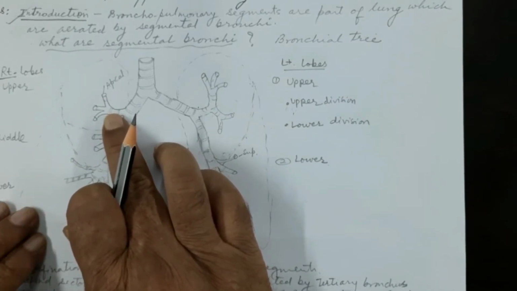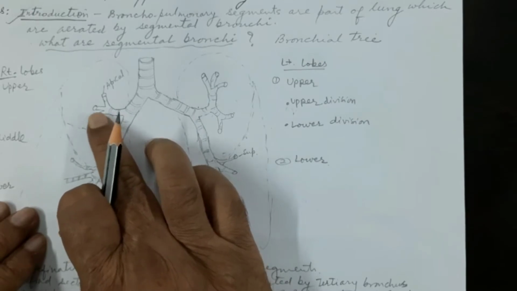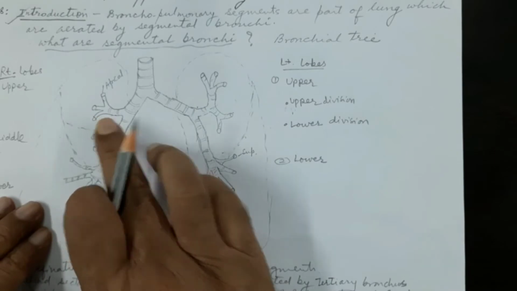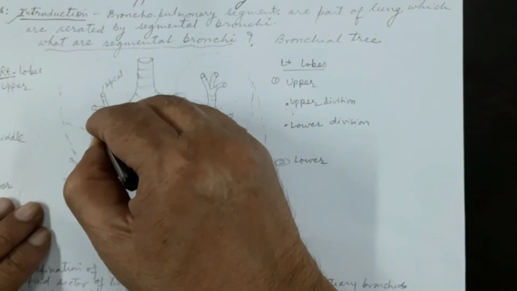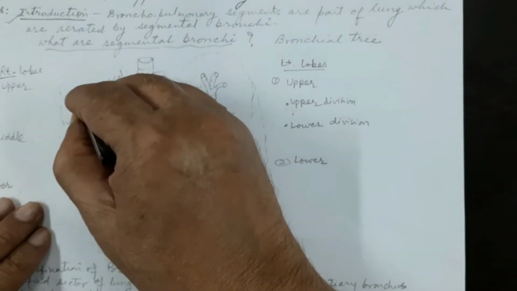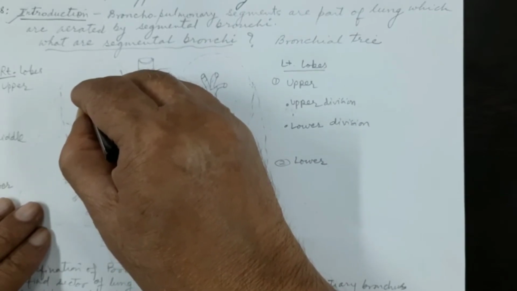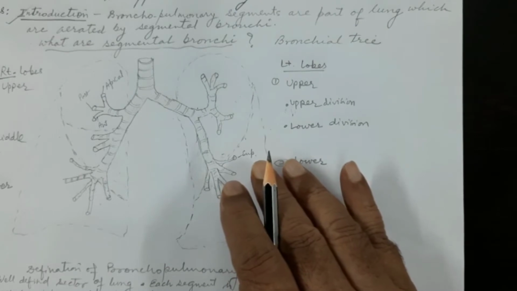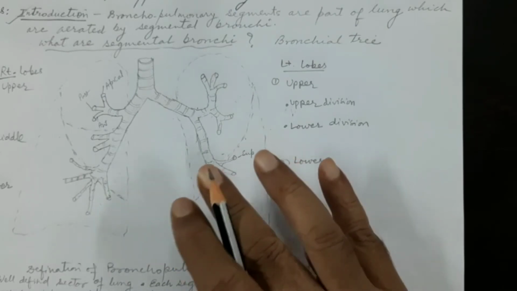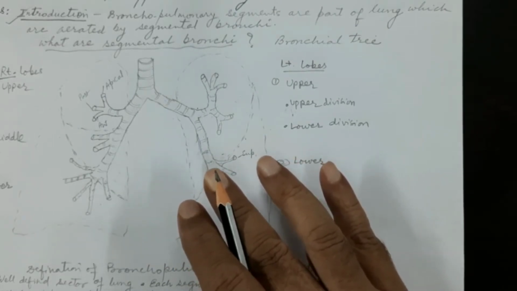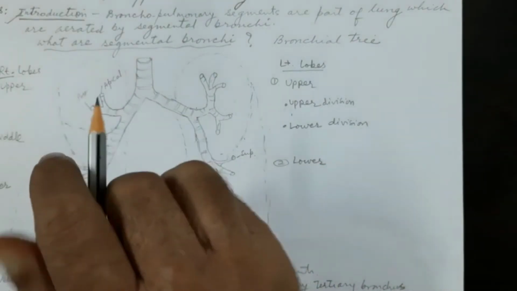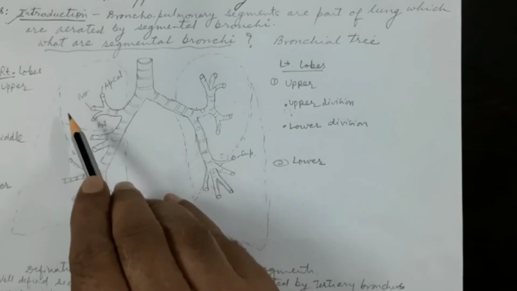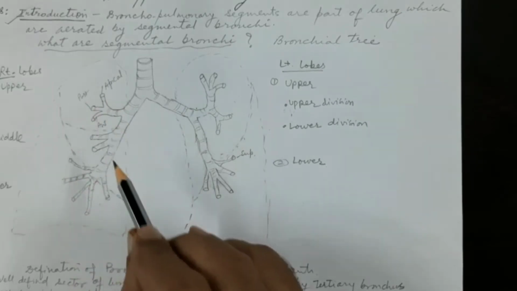Then the further 2 branches are the anterior and the posterior. So apical, anterior and posterior: these are the 3 segmental bronchi for the upper lobe of the right lung.